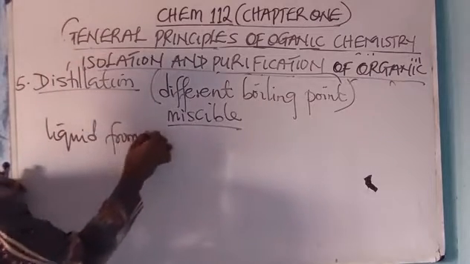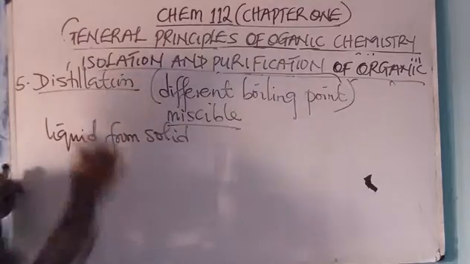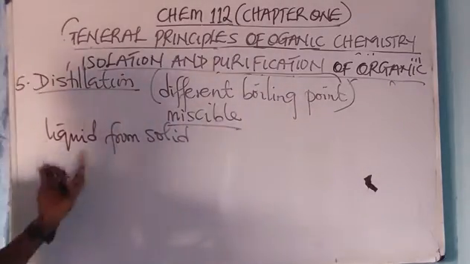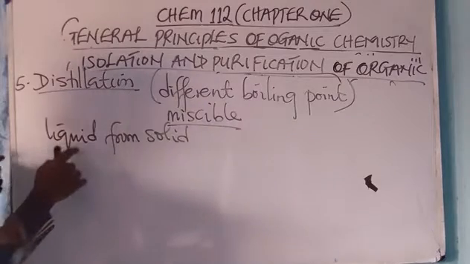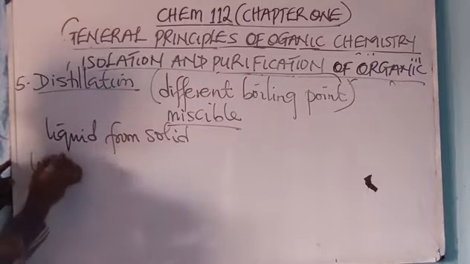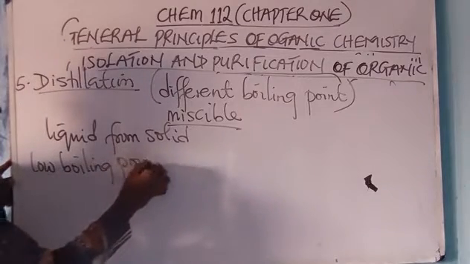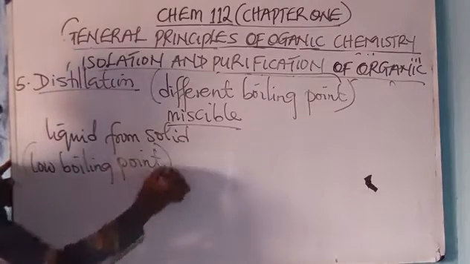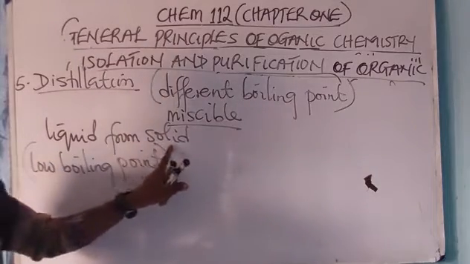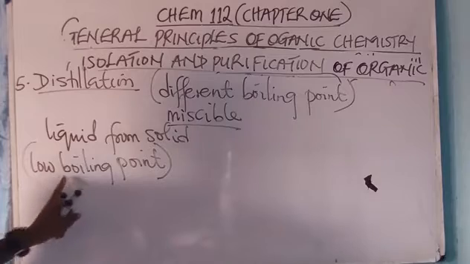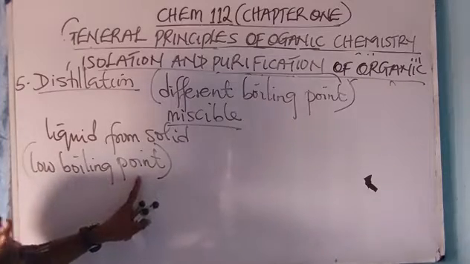Distillation is also used to separate solid from liquid. However, this liquid must have a low boiling point. For distillation to be used to separate solid from liquid, the liquid or the solvent must have a low boiling point. How does it happen?